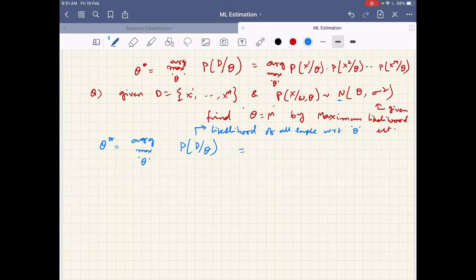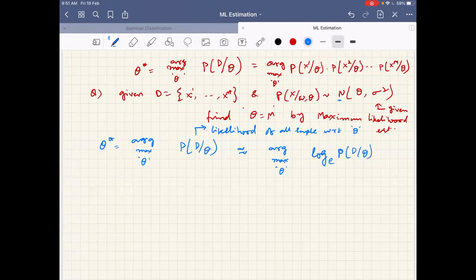Instead of maximizing this, it can also be maximized as a mathematical aspect. People take log, or ln, log e, of P of D given theta.